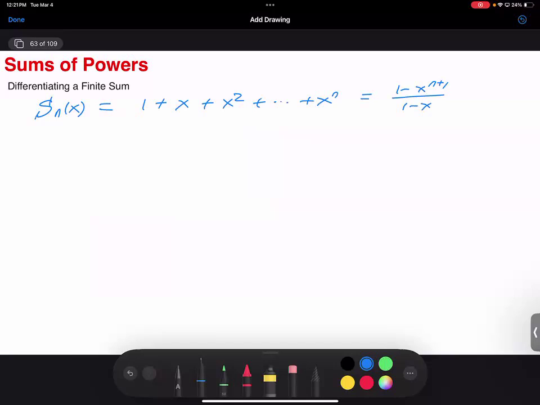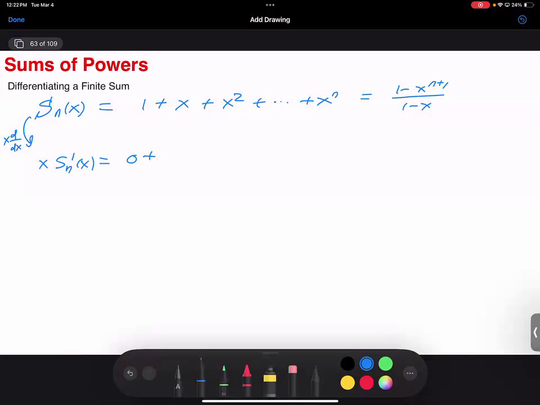Let's take the derivative with respect to x. And there are two ways to do this. I could just take the derivative, or I could take the derivative and then multiply by x. So when I do that, I would get x times Sn prime of x is going to be 0.